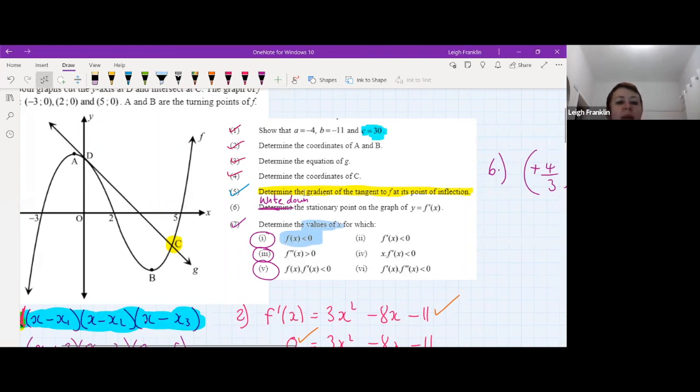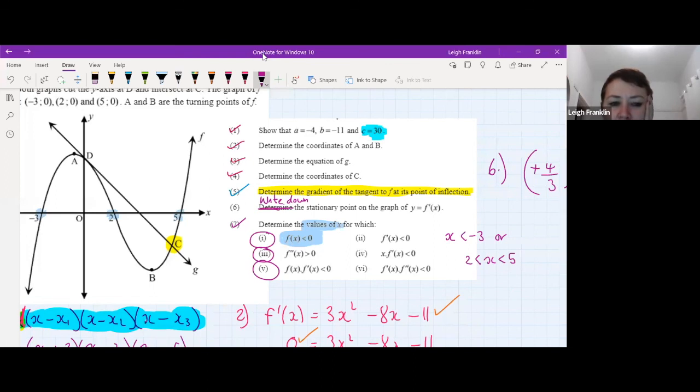Aha, so y negative. Good. So y is negative below the x-axis, isn't it? So here, this is where you're looking. You're looking at your critical values, aka your x-intercepts. All right, and we can see that outputs on this cubic function are negative when x is a number that is smaller than -3, or when x is a number that is bigger than 2 but smaller than 5.